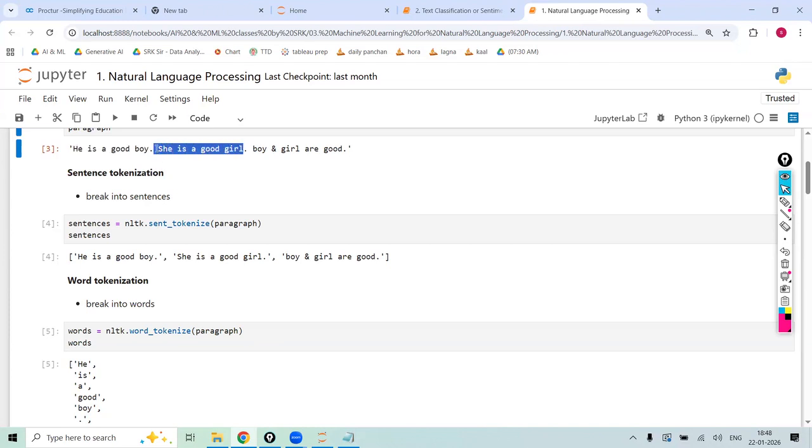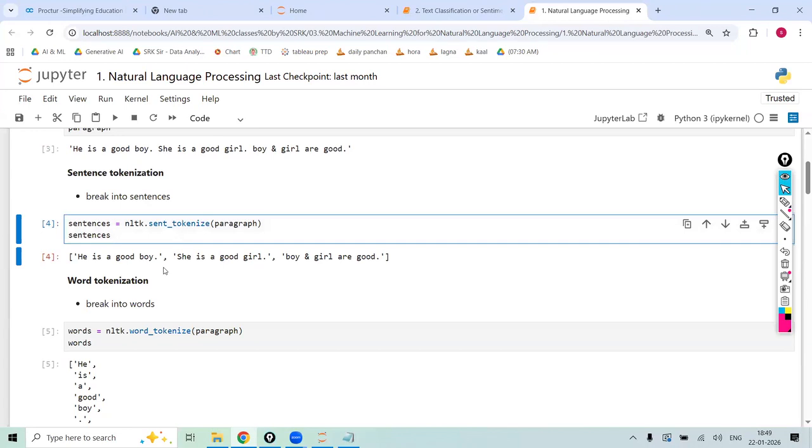Sometimes after the full stop we have a space. If any sentence starts with a space, it will automatically apply the strip, and any spaces at the starting or ending will be removed. Literally, it is applying the split function based on the dot.